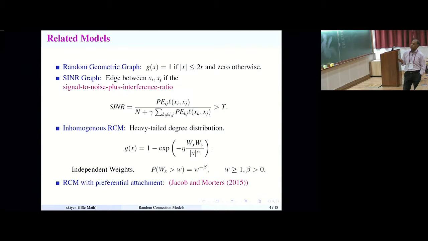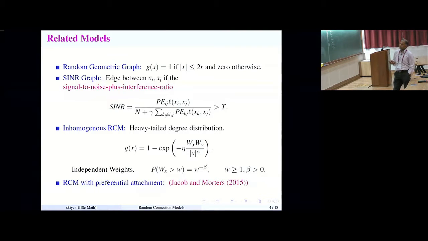Each node transmits with a certain power p, and if x_i transmits with power p, the amount of power received at a node x_j is some fraction of that. This L is the path loss function, typically the reciprocal of some power of the distance. Then you have independent random variables called the fading variables.